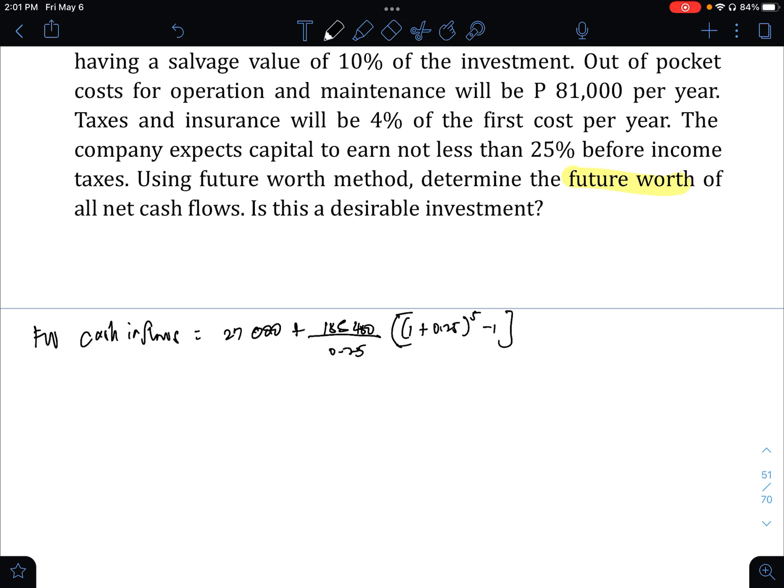So again, this is the future worth of the total revenue, the annual revenue, rather.